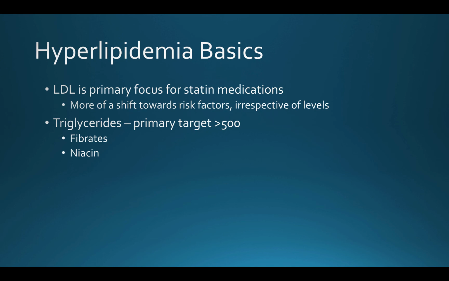The statins in particular don't do quite as good a job at lowering triglycerides as other agents typically do. So fibrates, so fenofibrate, gemfibrozil or Lopid, and niacin are a few agents that you'll see utilized for those triglycerides.